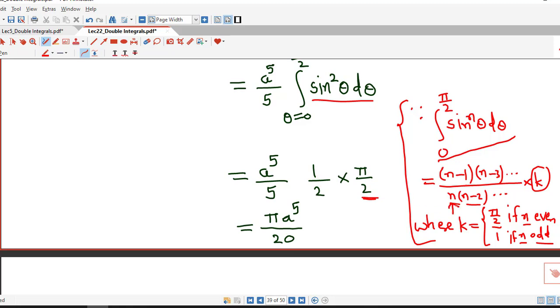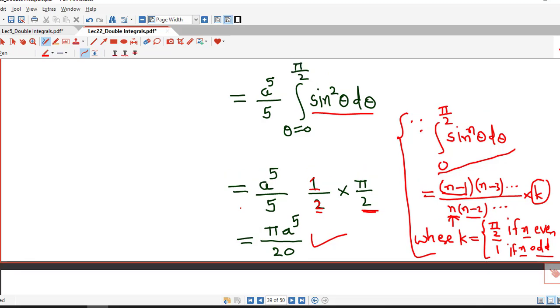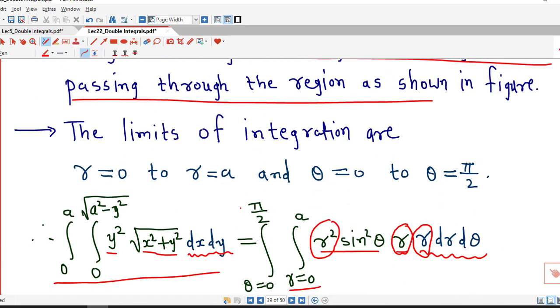And as we know, if the first factor is odd, we stop when we obtain 1, and if the first factor is even, we stop when we obtain 2. Therefore we have only one term in numerator and denominator, and if we multiply all this, we have pi a raised to 5 divided by 20.